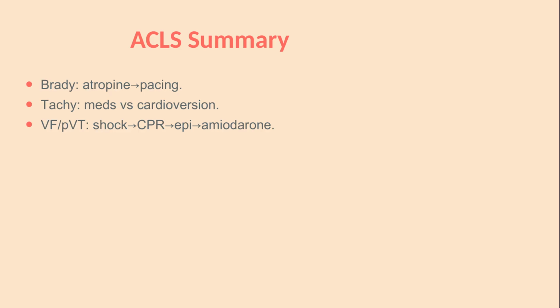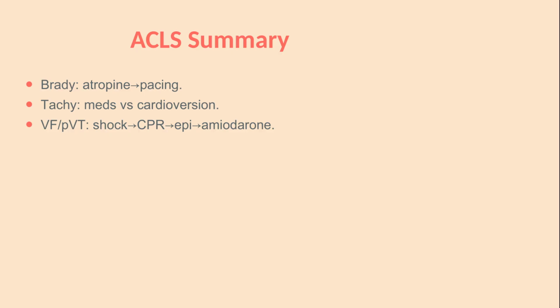For tachycardia, the unstable patient gets synchronized cardioversion now. The stable patient gets sorted, narrow versus wide, regular versus irregular, and receives vagal maneuvers, adenosine, nodal blockers, or an antiarrhythmic accordingly, with procainamide standing by for the pre-excited trap.